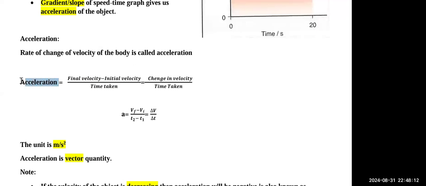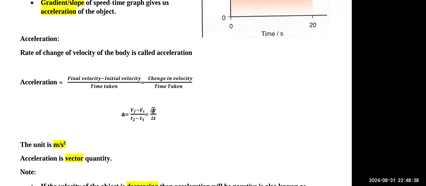It means how much speed is changed during 1 second. The change in speed is represented by Vf, the final velocity, and Vi, the initial velocity, and this is the time interval, which gives delta v.